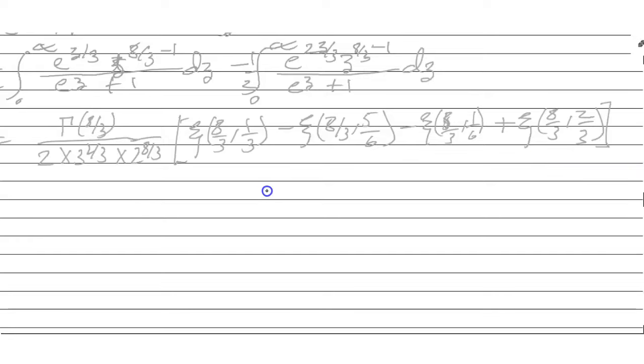This is the formula, friends, and gamma 8 by 3 can be written like this.